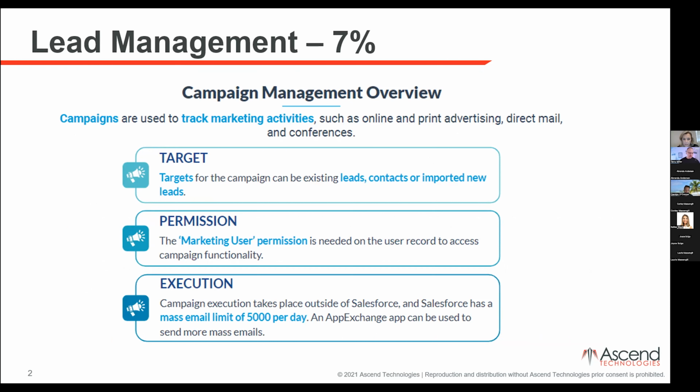Terry and I were just on site with a client on Friday where the topic of campaign came up and what it meant to them. So I just think terminology is huge, and I won't go through all of it today, but you should know the difference between campaign and leads, which gets misunderstood, and then even the other objects, account, contact, opportunity, and how all of that works together.